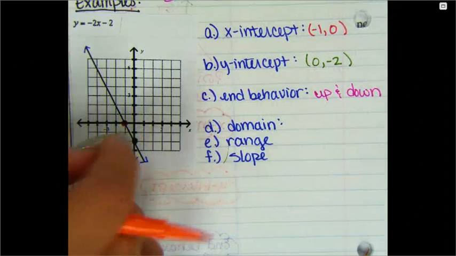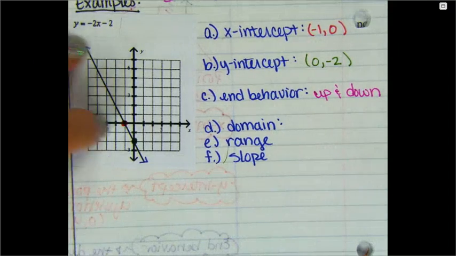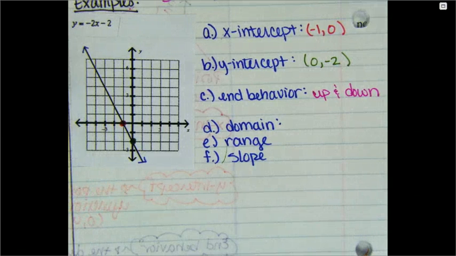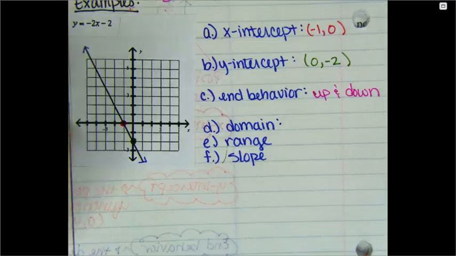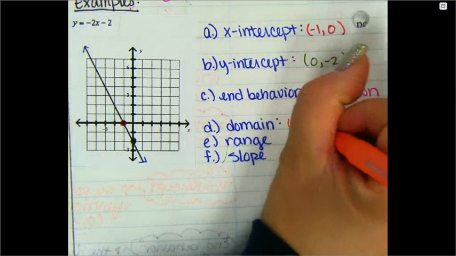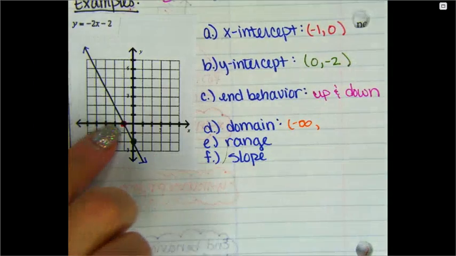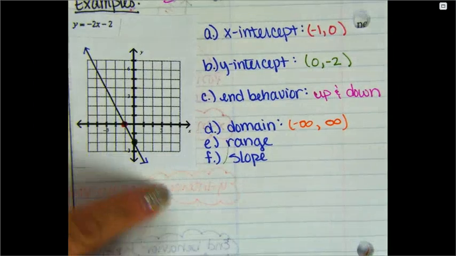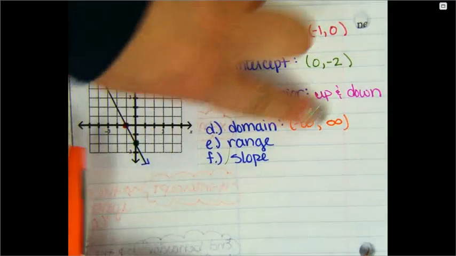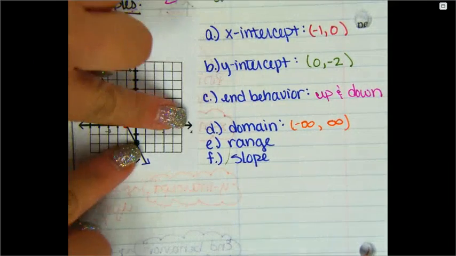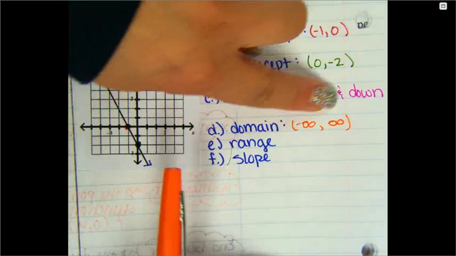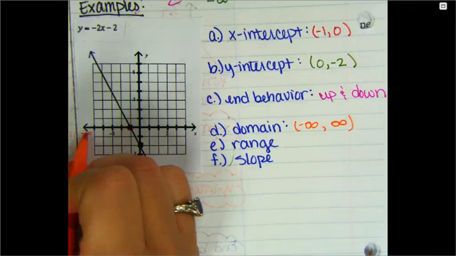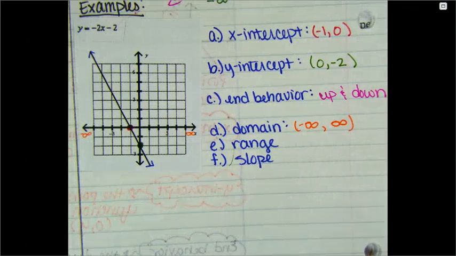So remember, as my graph is getting bigger, where is it going to? -infinity. Then it's going to where? Positive infinity. Doesn't matter that it's going this way. It's still going out like that, okay? Does that make sense? So even though it's still pointed down, it doesn't matter because it's still growing that way, okay? So if you want to write -infinity here and positive infinity here so you can remember that, that's fine.